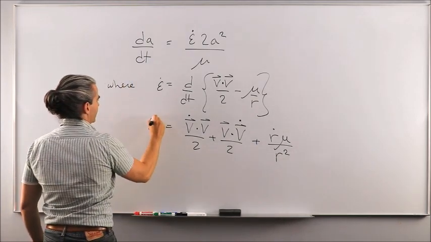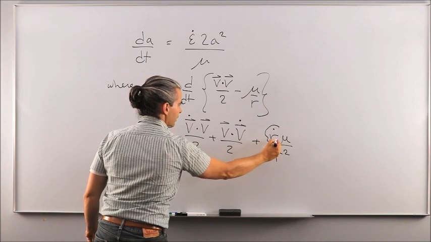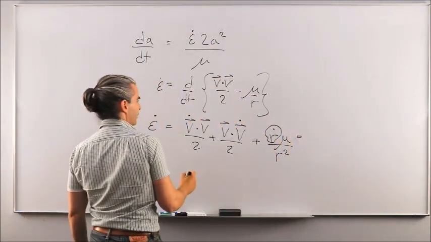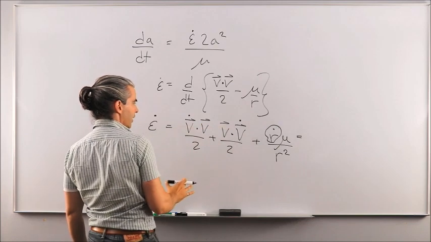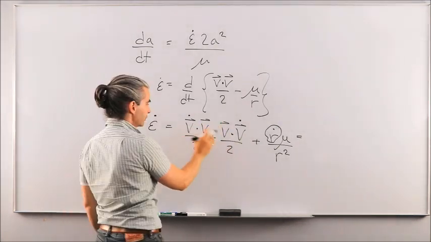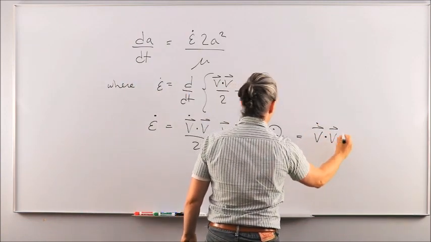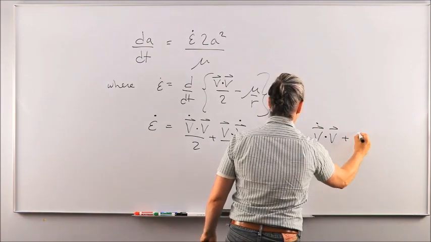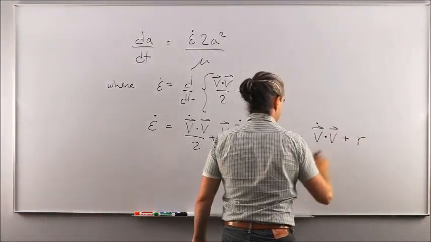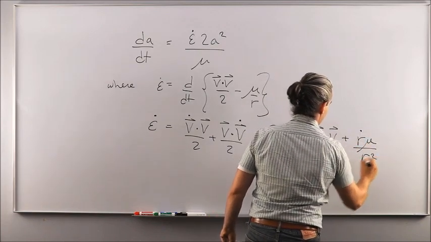This is for E dot. And then within E dot, we have this term here. And actually, let me just simplify it a bit further by combining these two together and remembering that the dot product is commutative. And then just write v dot product v plus r dot mu over r squared.